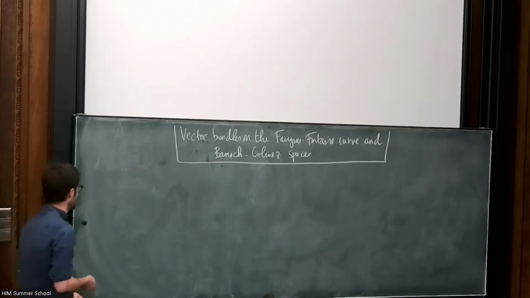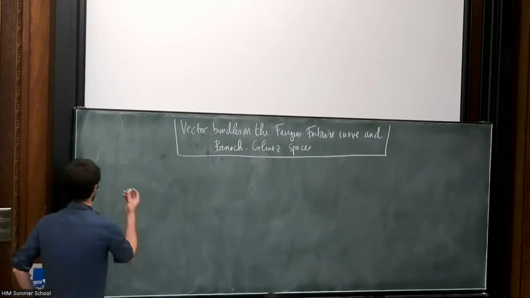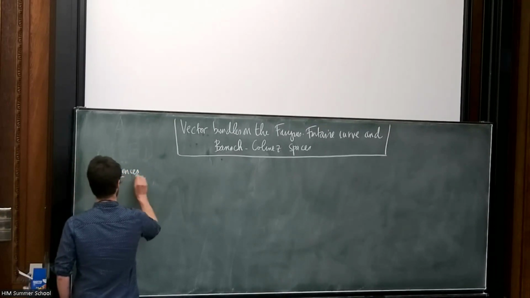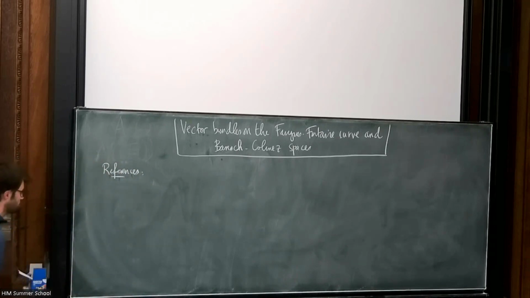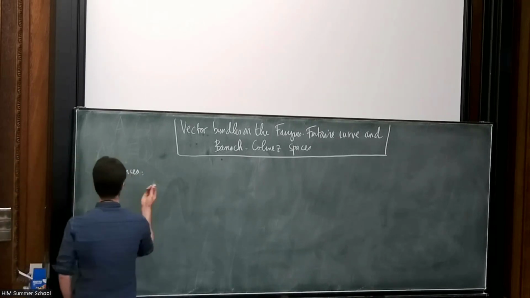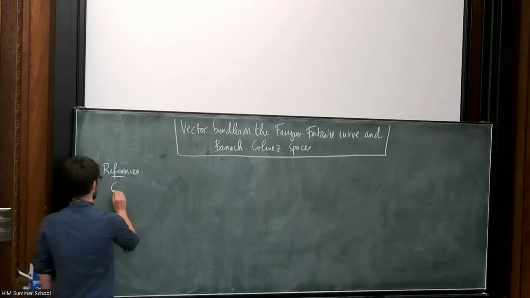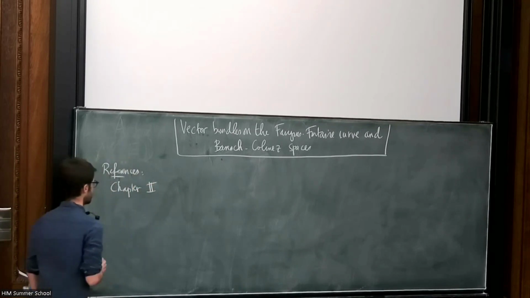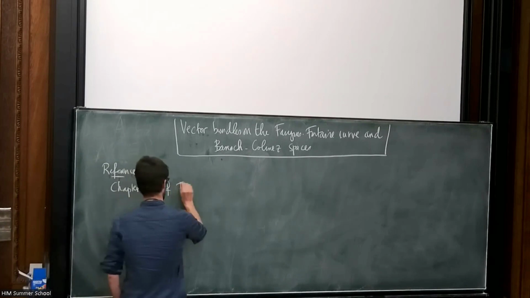So maybe I can start by giving some references. What I'm going to do in these two lectures is basically explaining a part of chapter 2 of this big paper of Fargues and Scholze.